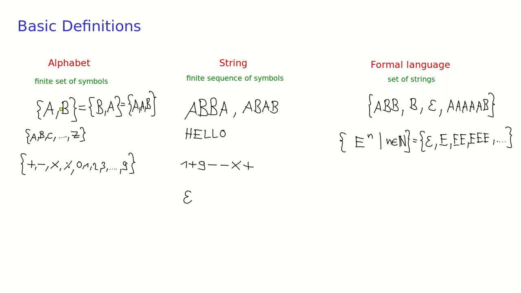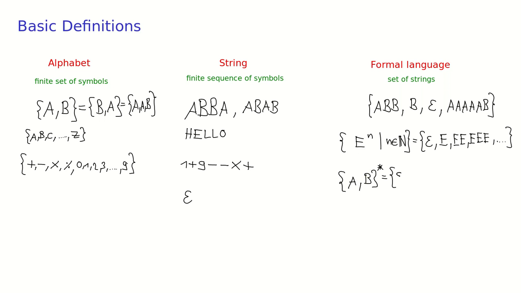Okay, I want to give another example, also introducing a new notation, that is the star notation. If we take a set, like, for example, this alphabet, and we write a star here, this means all possible finite sequences that you can create from these symbols.